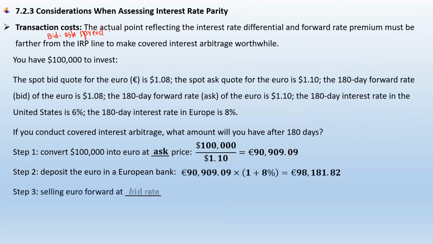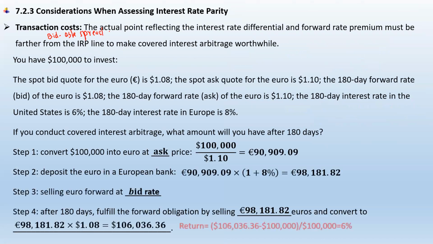This is very straightforward. And we find out that the return is 6%. This is exactly the same as this home interest rate. So from this data, we know that covered interest arbitrage is infeasible.